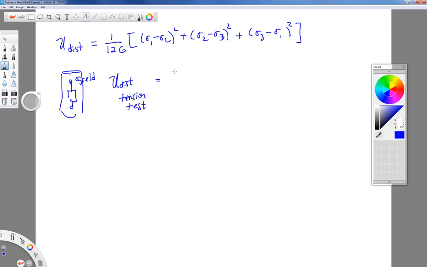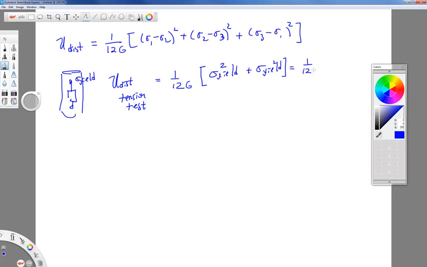is going to be equal to 1 over 12G times sigma 1 minus sigma 2 squared. The others are 0, so it's sigma yield squared. Sigma 2 minus sigma 3, and sigma 3 minus sigma 1, so we get another sigma yield squared term.